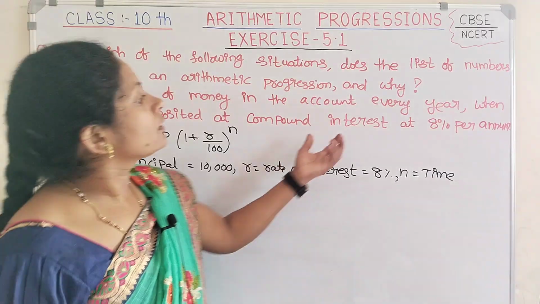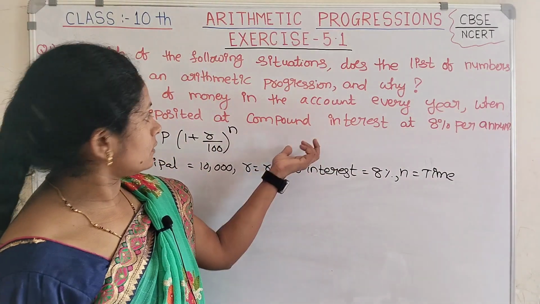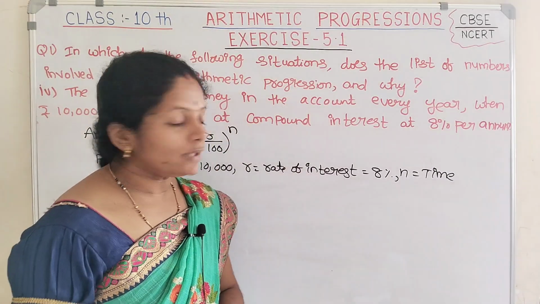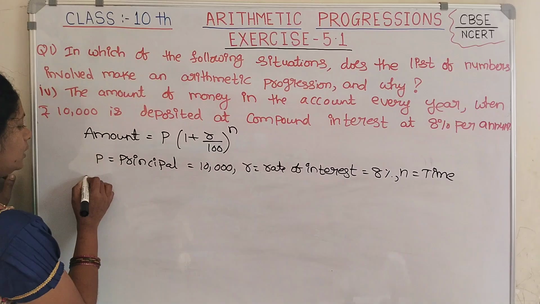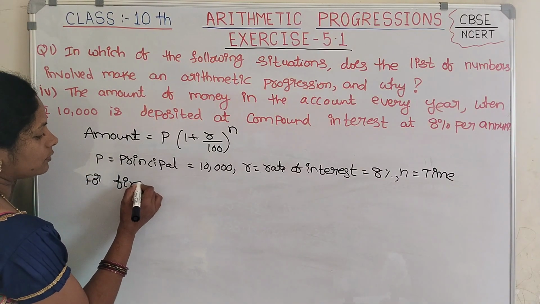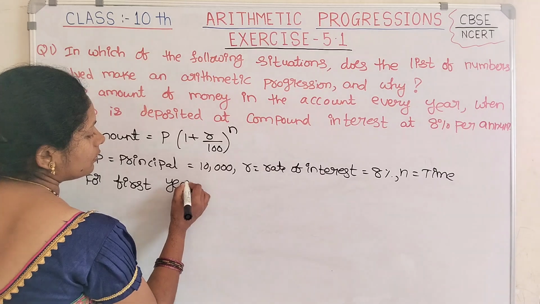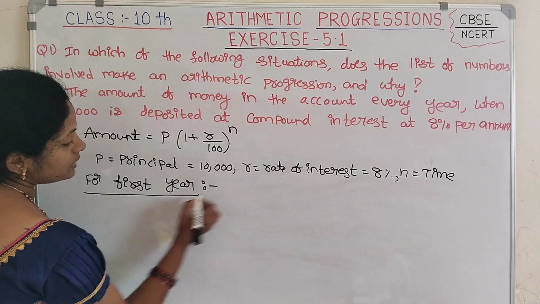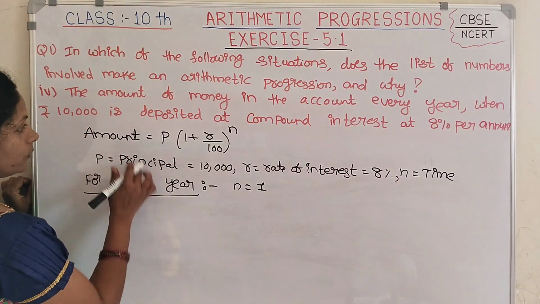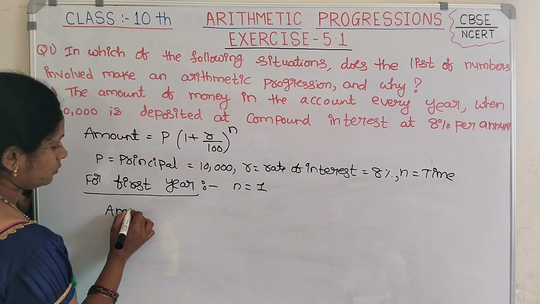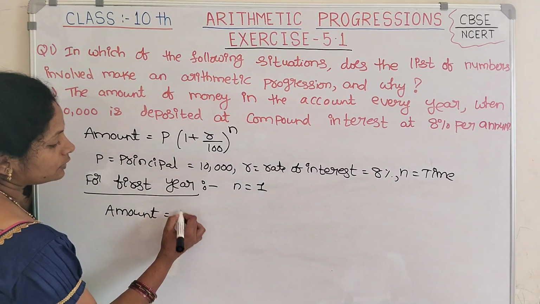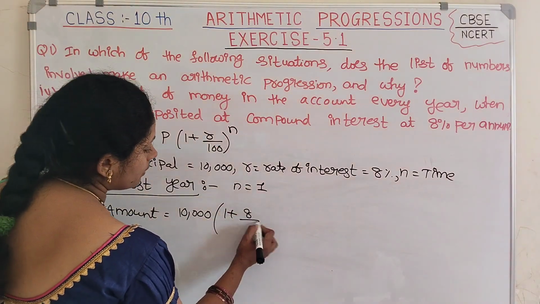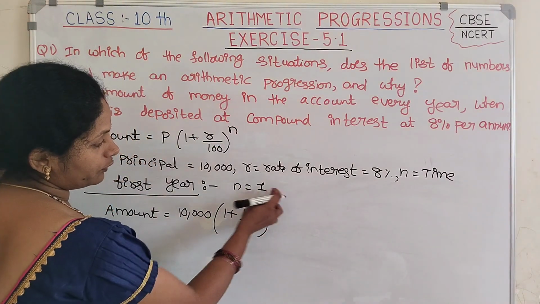Here we have to take, for every year, how much amount we are getting. n is equal to 1 means the first year. Write down: amount is equal to P, that is 10,000, into 1 plus R, which is 8 by 100, whole to the power of n equal to 1.